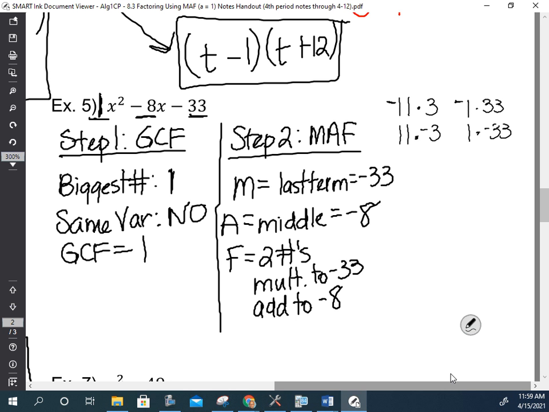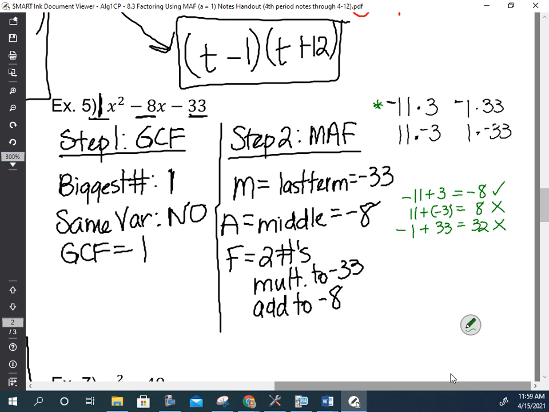But now we've got to figure out what adds up to negative 8. So now we're going to add all these up. Negative 11 plus 3, which is this first one. Negative 11 plus 3, that's negative 8. There you go. All the other ones don't work. 11 plus negative 3 is positive 8. Negative 1 plus 33 is 32.